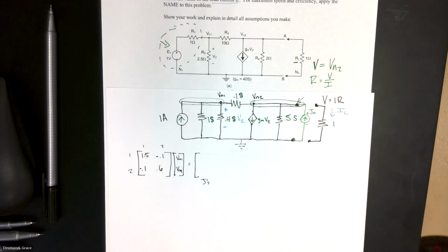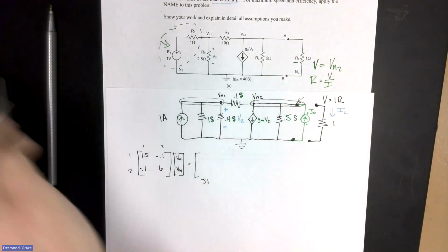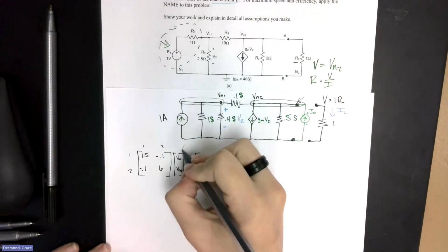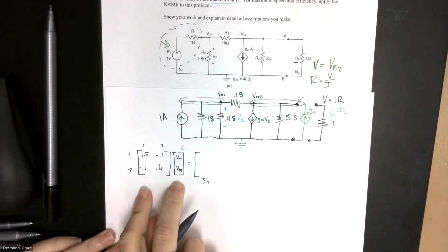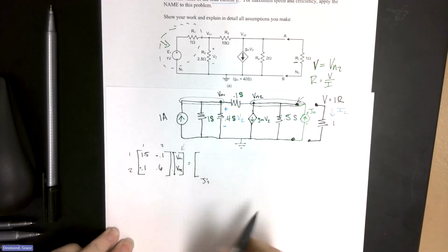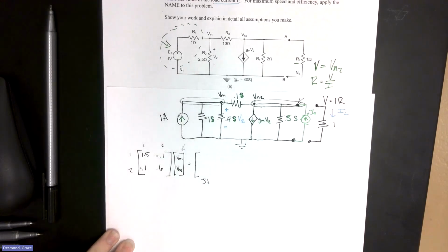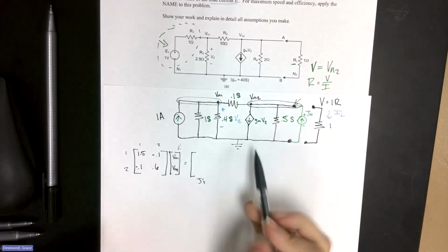We're trying to write them in terms of our variables because the goal is to be able to separate it out into a form that looks like this. So if we're trying to write it in terms of VN1 and VN2, let's say again, how would we write this V2?